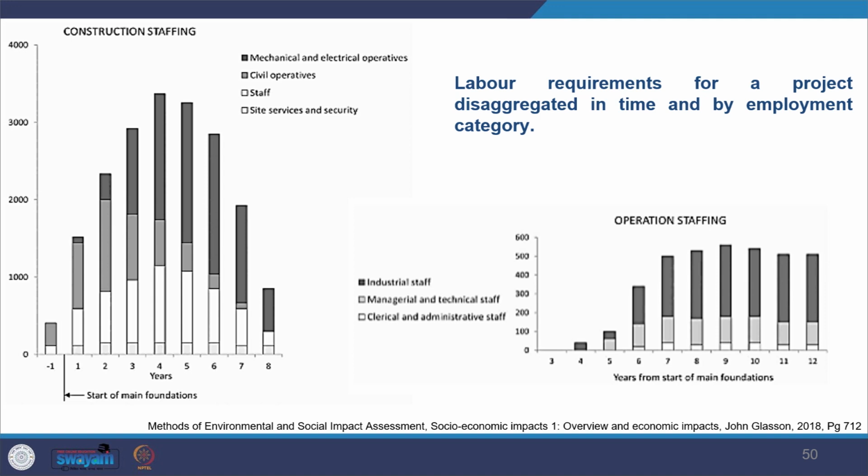You can see how, during the construction staffing, the staff would vary year by year. In the lower parts of the graph, you can see industrial staff, managerial staff, and clerical and administrative staff, and how those also vary year-wise. So you can see how the top one, industrial staff, varies, and clerical staff you can also look at. That kind of data you have to look at.